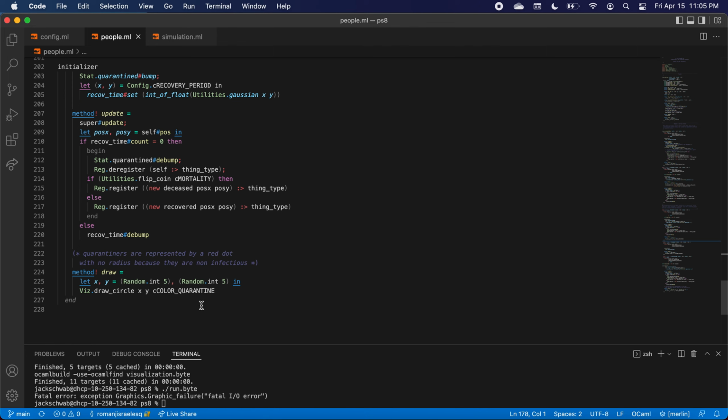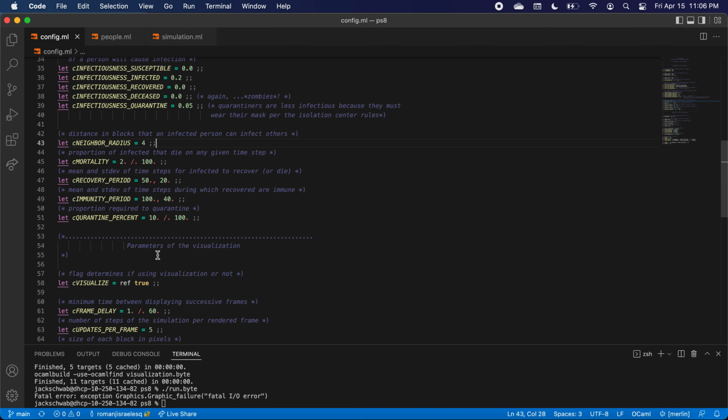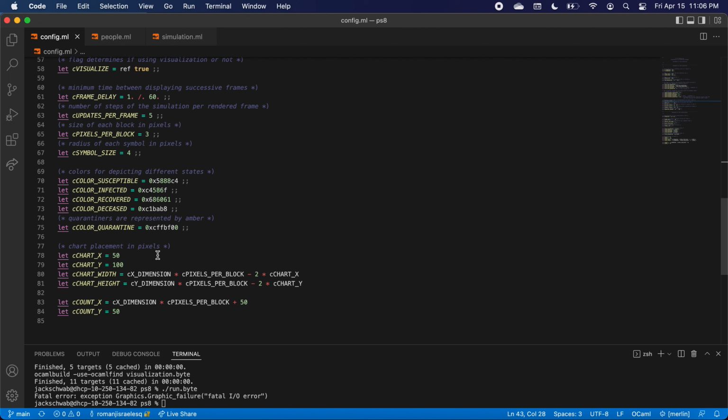And then also, they're put anywhere in the 5x5 box in the lower left-hand corner of the screen, because that 5x5 represents the isolation center, and they are identified by the amber color, which we wrote over here as color quarantine using the hexadecimal value for amber.